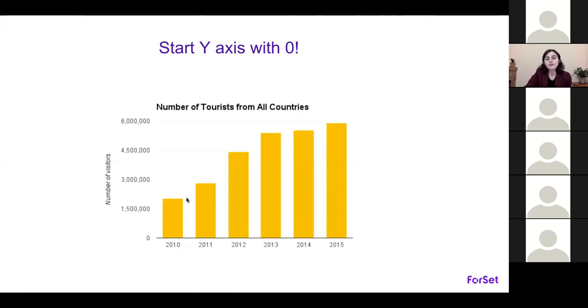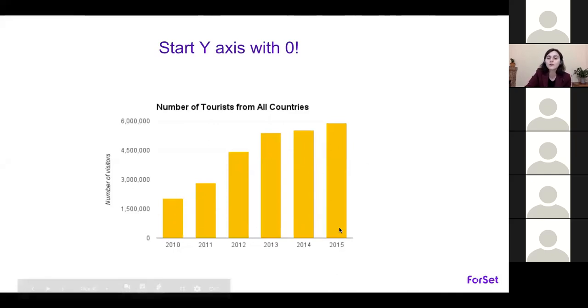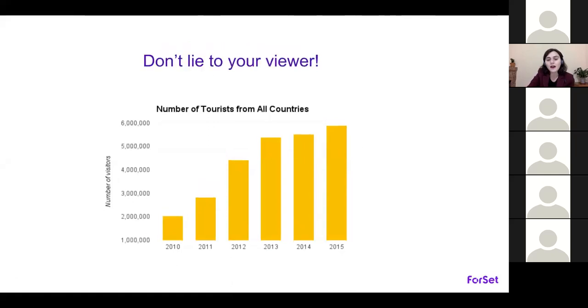And this is the correct chart type, where the y-axis starts with 0. If you look at this chart, you see that the difference between the column for 2010 and the column for 2015 is almost 3 times. Very often, some organizations or people do this on purpose to manipulate the data visualization and manipulate the viewers.